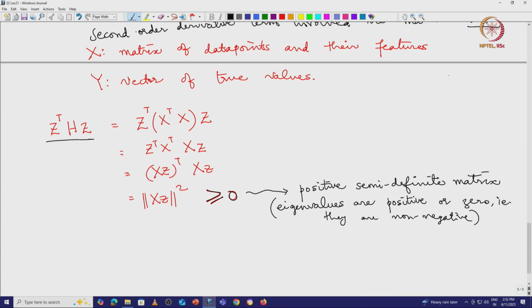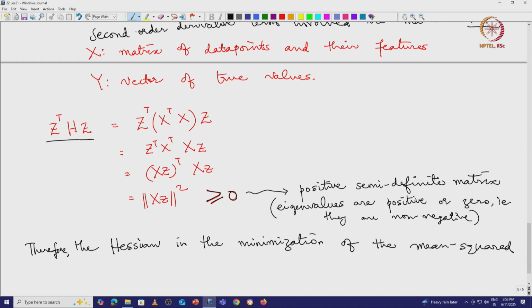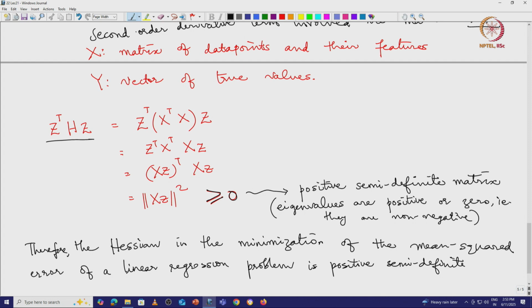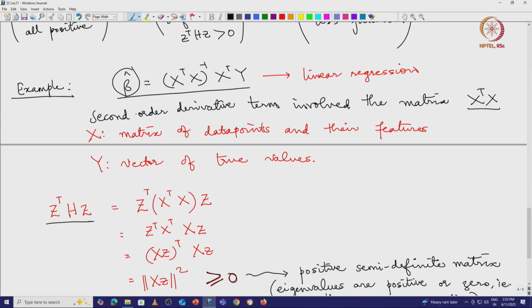So, therefore, the Hessian in the minimization of the mean squared error of a linear regression problem is positive semi definite, and thus most likely we are at a local minimum, when we did the minimization and found the parameters equal to (X transpose X) inverse X transpose y.